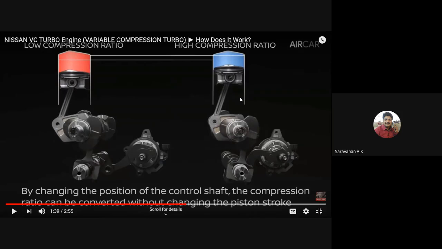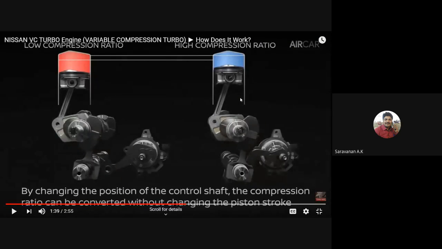You can see here the differences between low compression ratio and high compression ratio. The low compression ratio is used when high power and high load are required. You may remember this one, right? When power is required, there we can use the low compression ratio, that is the 8:1 condition.